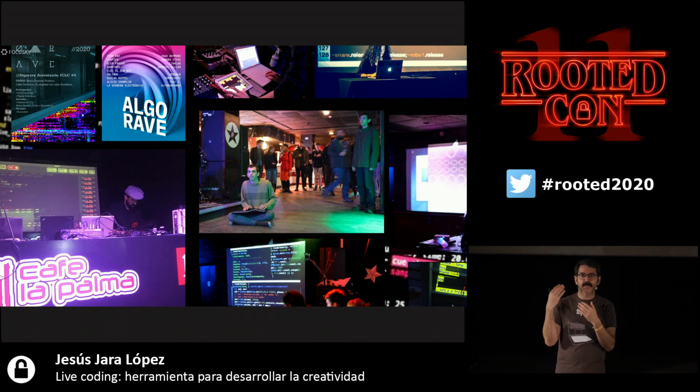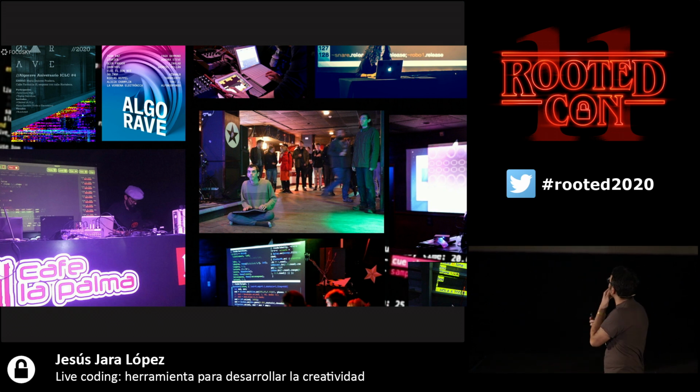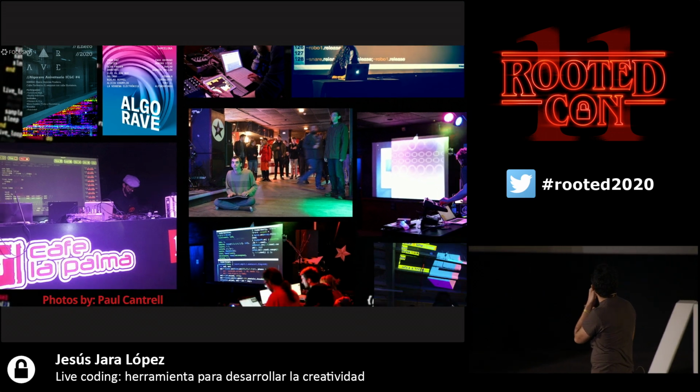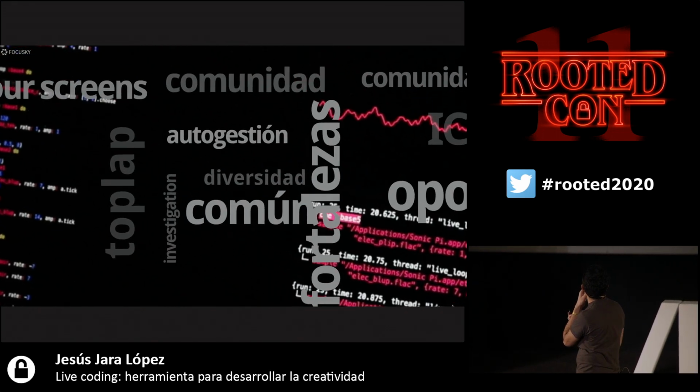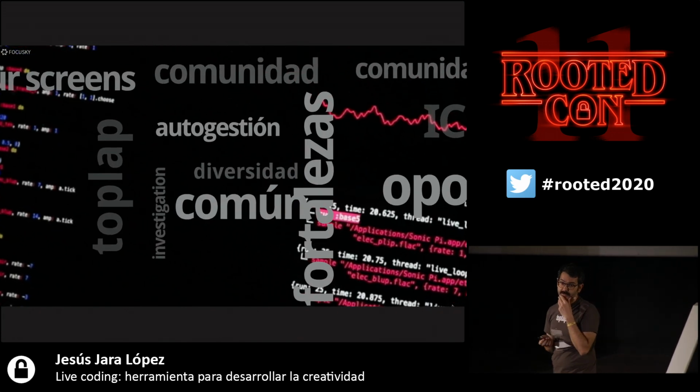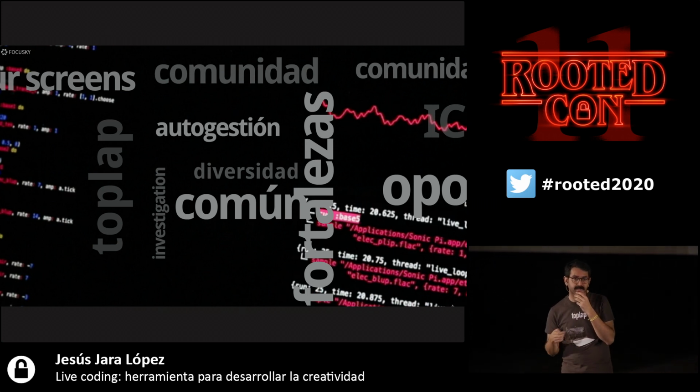We don't have to be part of this philosophy, I mean, to be part of these ideas to do live coding. But there's a general international movement that is called TOPLAP, where there are communities and nodes of live coding that go towards this direction.